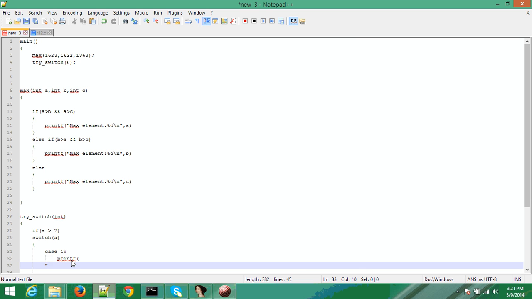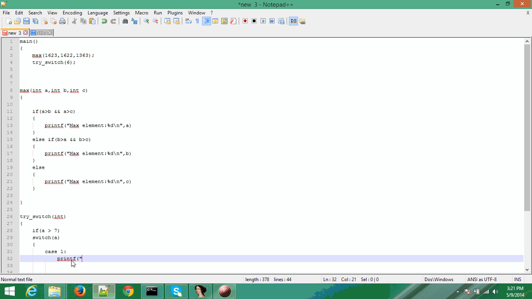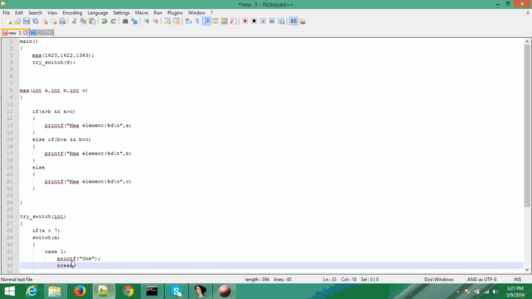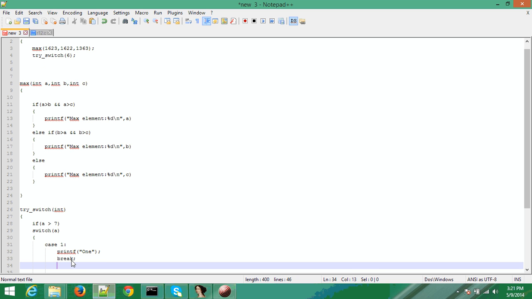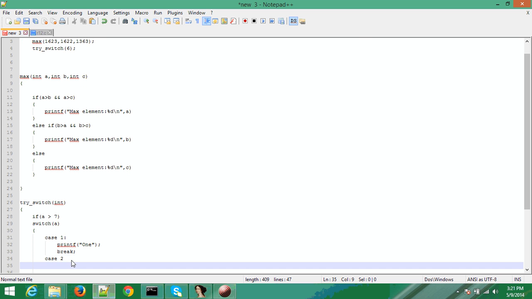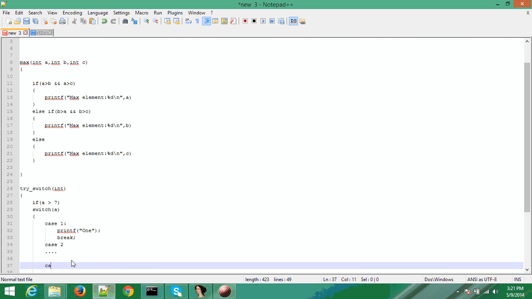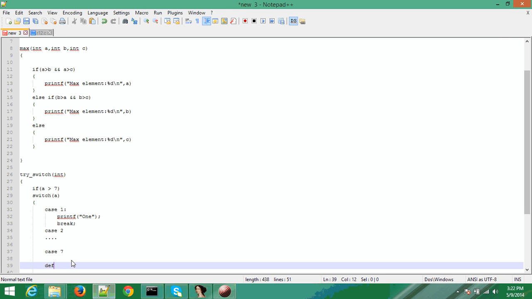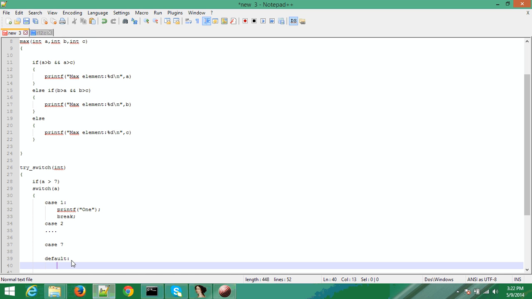So it's basically doing something like this, closing with break, and then similarly it keeps going for case 2 to case 7, and then there's a default case that we saw, which will have the printf not in switch. That is based on the aspect.